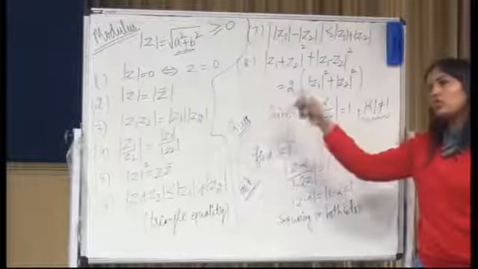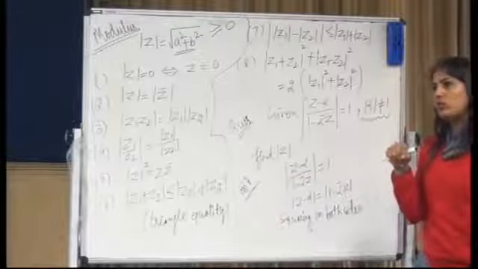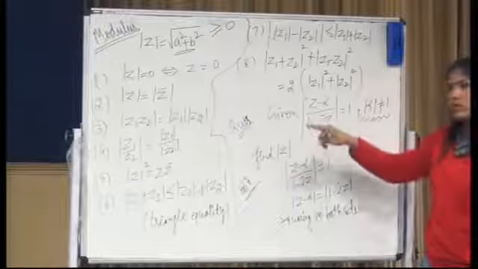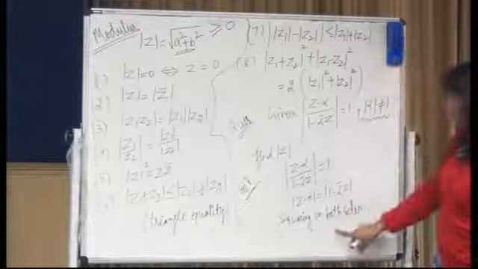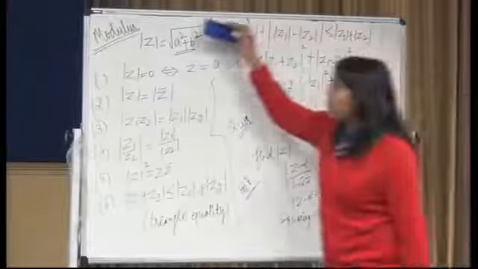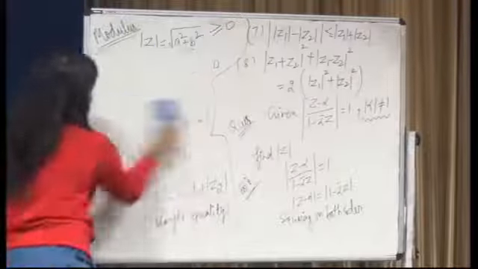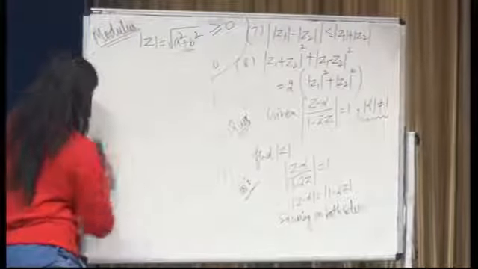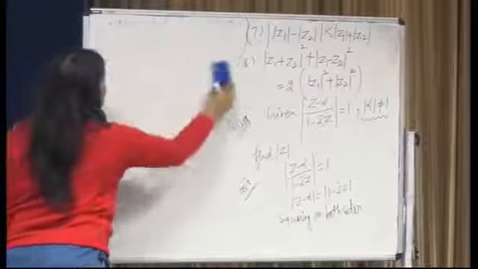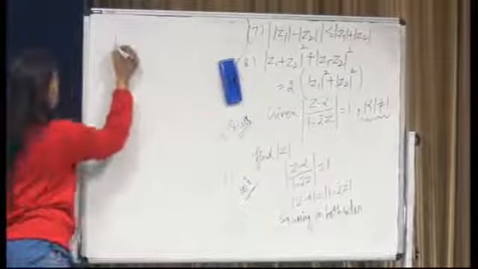So you were right that fourth first we will use, and then which property to use? Mod z square is z z bar. So squaring on both sides, what we will get? We will get the square.